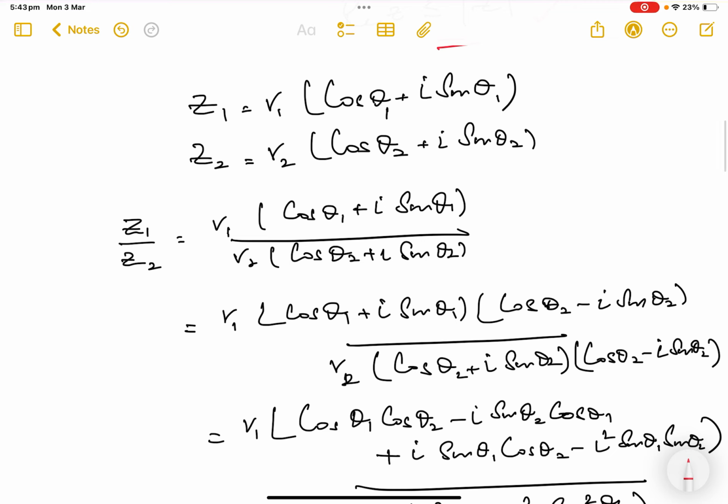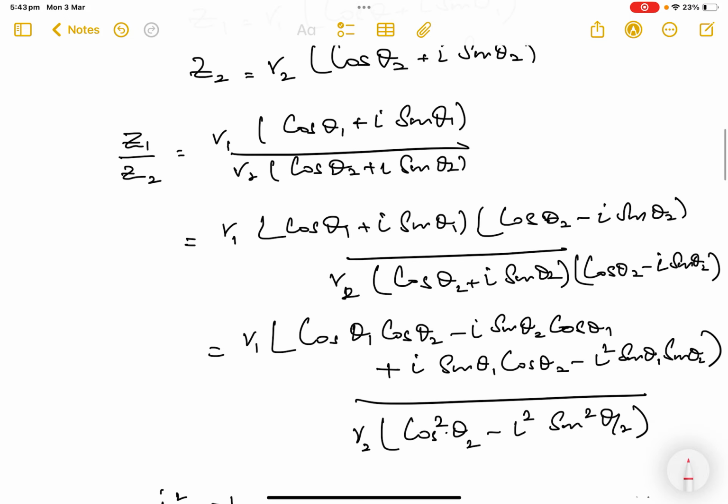So Z1 over Z2, we simply divide one complex number by the other. It will give you another complex number anyway. So Z1 over Z2 is R1 times cos theta 1 plus i sine theta 1, divided by R2 times cos theta 2 plus i sine theta 2. For this type of quotient, we multiply the top and bottom by the conjugate of the denominator.